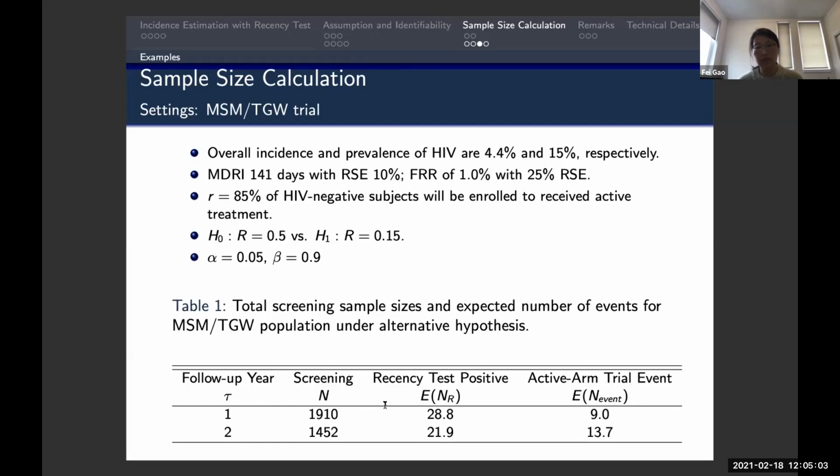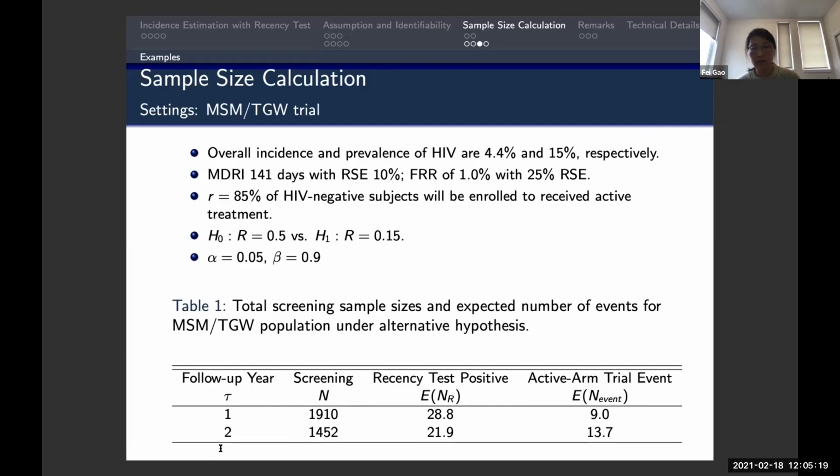And in that case, under the alternative hypothesis that this intervention is 85% effective, we will be expecting to see around 29 recency test positive subjects and 9 events in the active arm of the trial.